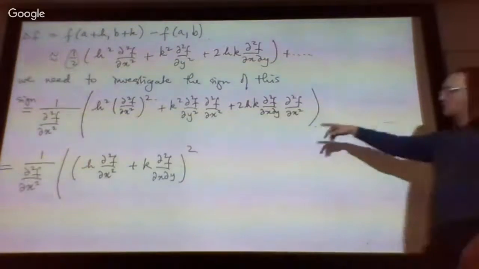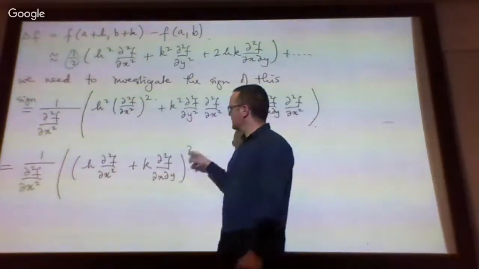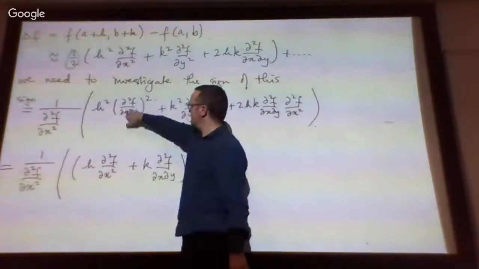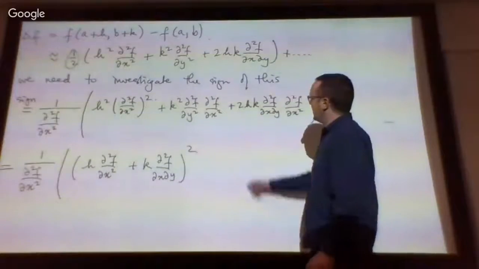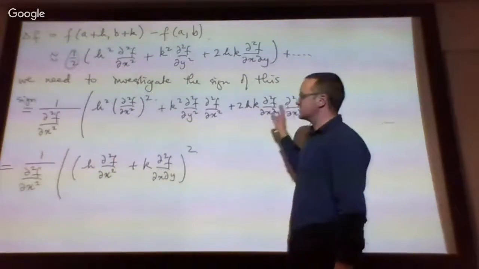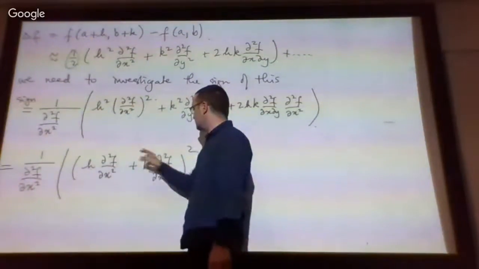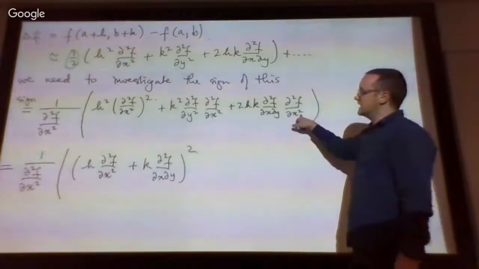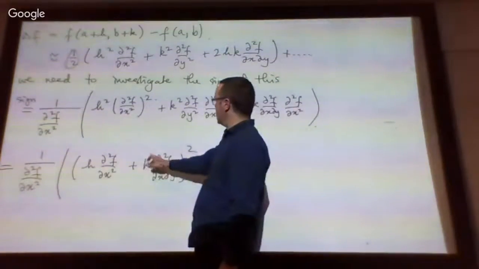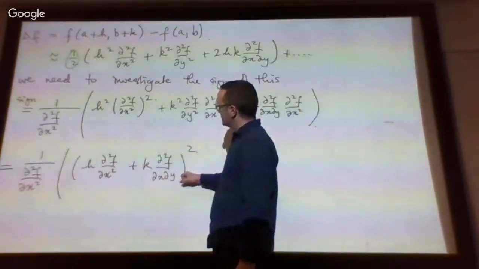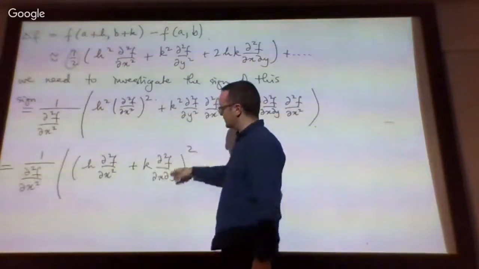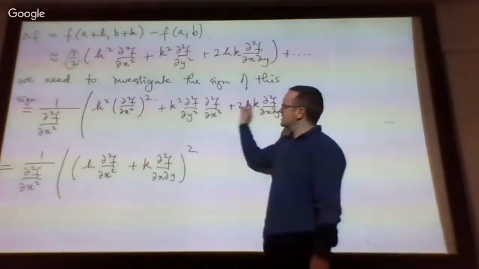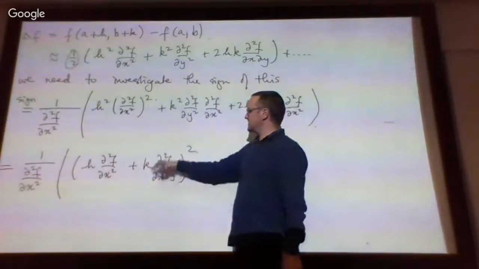Now that isn't the complete story. Let's see what we get from squaring this. When I square this bracket, I get this term here, h squared times the square of the x derivative. I get all this here, so I get 2hk times the product of these two. And then I also get plus k squared times the square of this mixed second order derivative. So I'm going to have to subtract that off because I don't see up here anywhere a square of this mixed second order derivative.